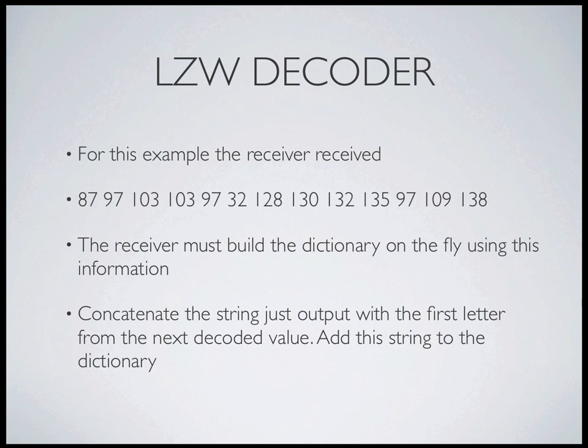In this example then, the receiver received 87, which was the uppercase W. 97 was lowercase a. 103 was the G. 97 was lowercase a. 32 we know is space.